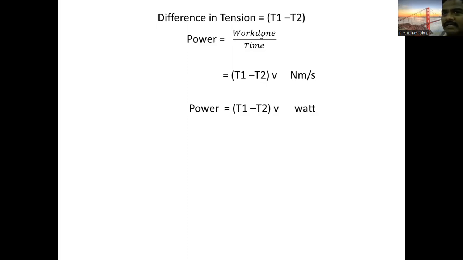So tension is taken in considering Newton. Okay. तुम्ही मेकॅनिक्स मध्ये शिकला असाल. डायनामिक्स. न्यूटन किंवा पहिला चॅप्टर जो आहे इक्विलिब्रियम त्यामध्ये शिकला असाल तुम्ही. केबल मधलं टेन्शन वगैरे. It is in Newton into velocity. Okay, velocity in meter per second. That is Newton meter per second.